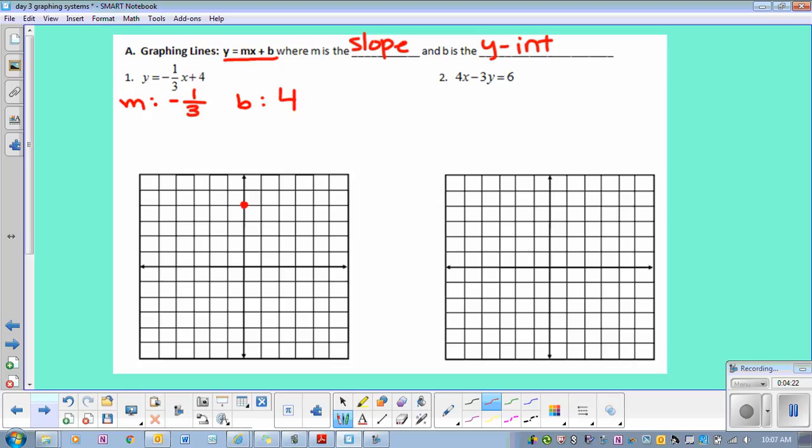M is how I move, so down 1, right 3. Down 1, right 3. Or it can also be up 1, left 3. There's your line. Are we okay with this one?